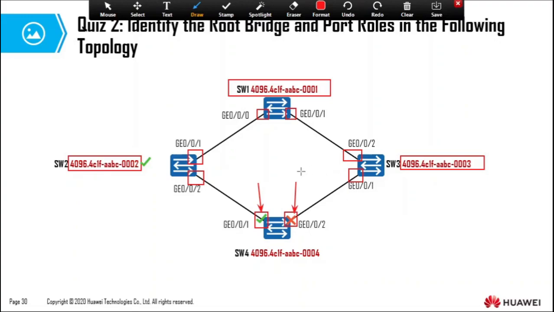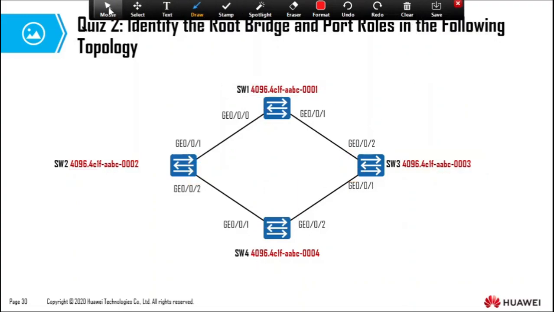If this link, G001, fails, then G002 is going to be activated, and it will become our new root port for switch 4. Are we together? Are you seeing that the alternate port is the backup to the root port? Okay.